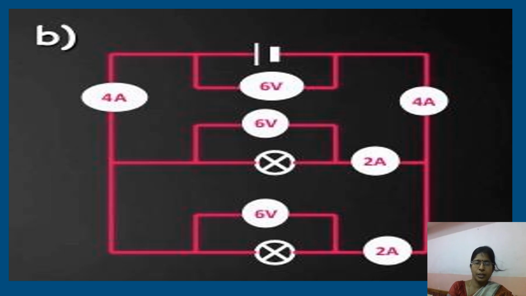Yes, voltage is 6 volts, 6 volts and 6 volts, since it remains the same across any point in a parallel circuit. Now current. The current of 4 amperes has started flowing, and it is shared between the two resistors as 2 amperes and 2 amperes. And finally 4 amperes of current flows. So we are right in measuring the current and voltage.